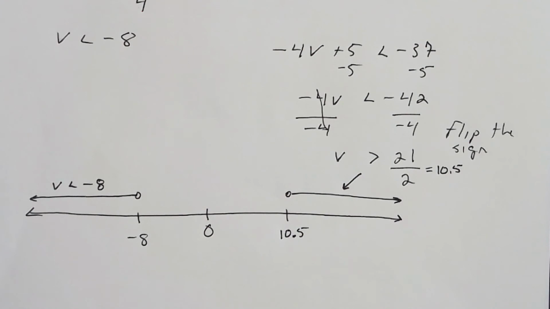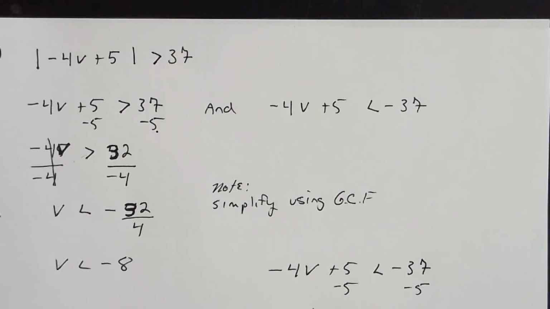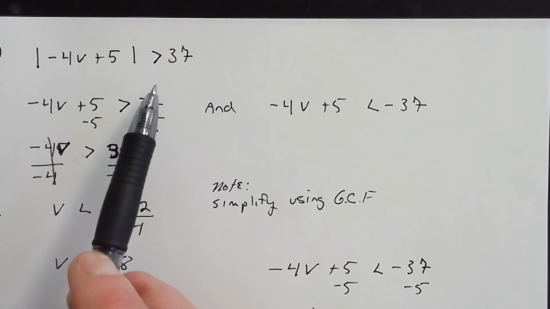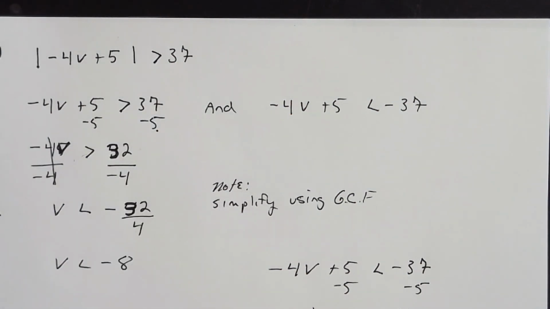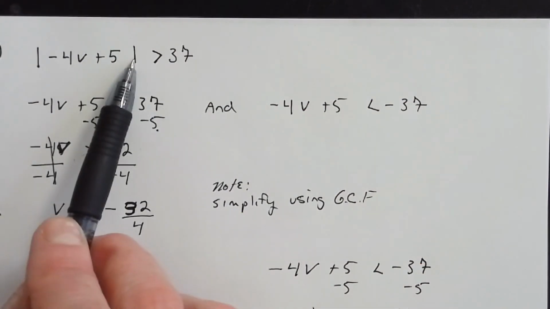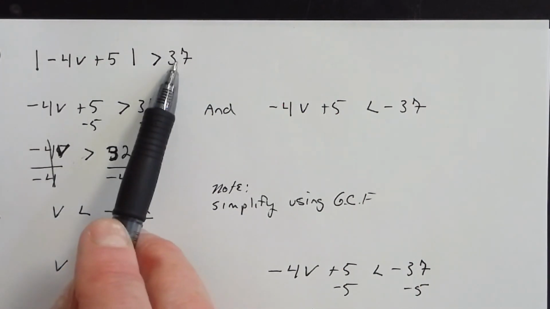Okay, so a couple things. Let's just review this one more time. So we have an absolute value inequality. We solve it very similar to just an absolute value equation, but we're going to drop the absolute value bars and set it greater than 37.